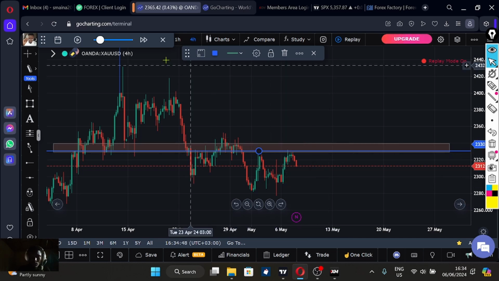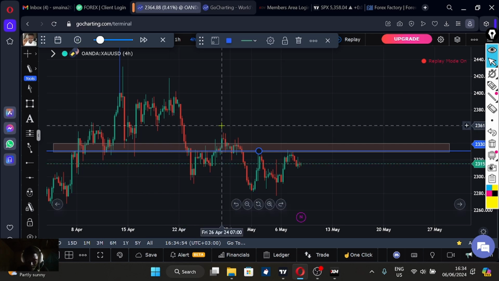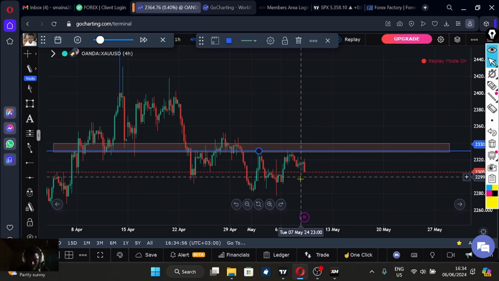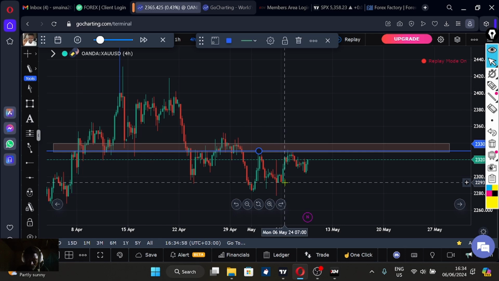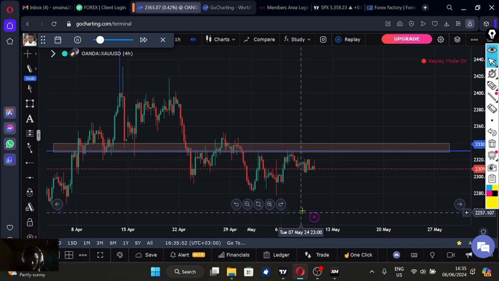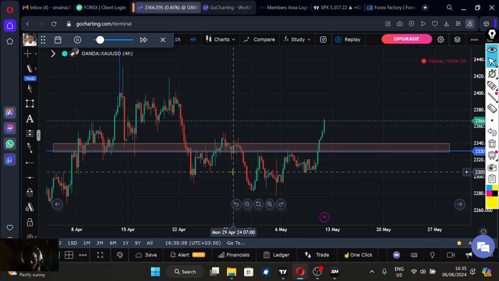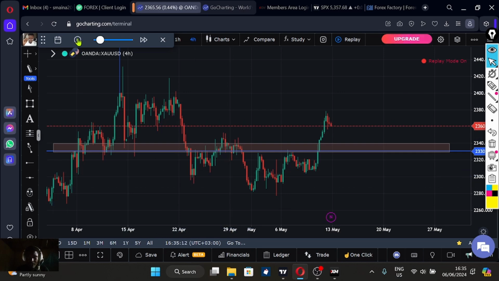Now we want to get a clear entry of where we'll get into the market. Now this strategy is called the break and retest. It's a very, very powerful strategy that traders normally use.